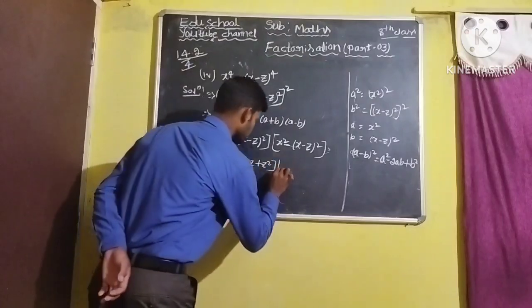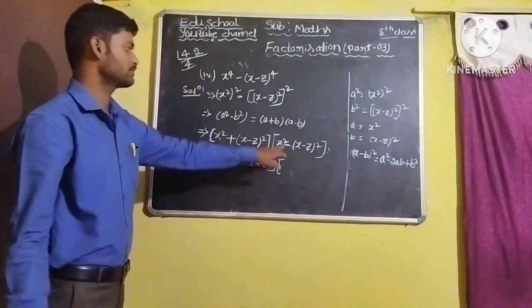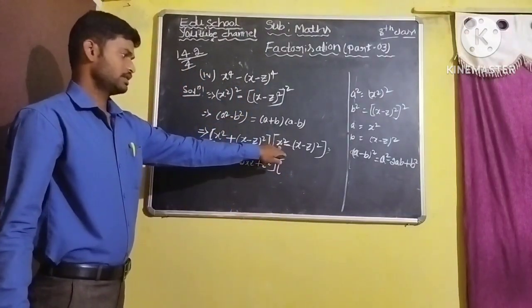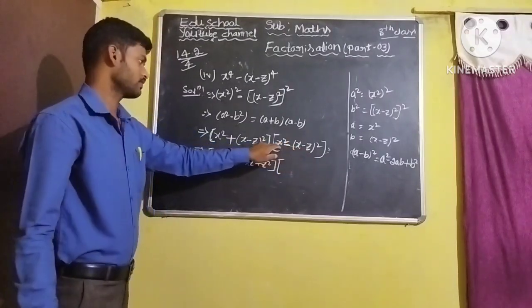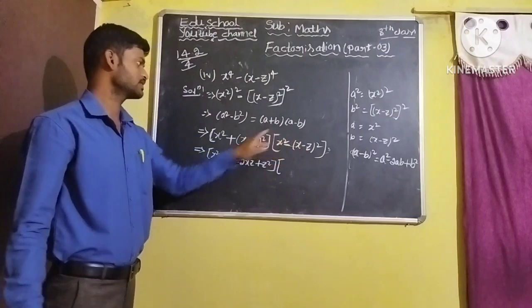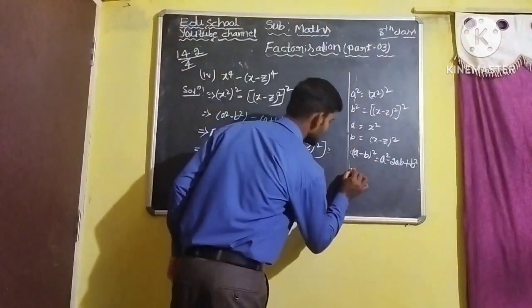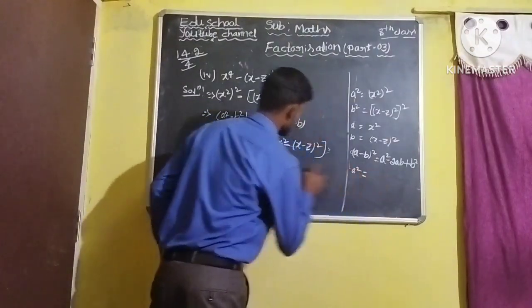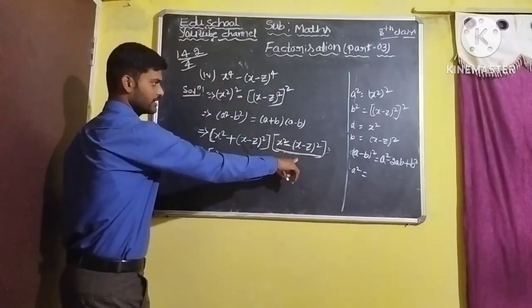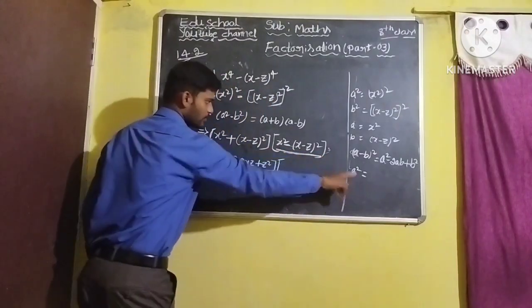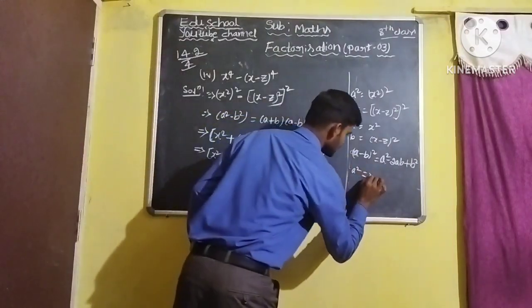Next, into, so observe, this is in the form of what? a square minus b square. In the place of a square, what is there here? x square is there.